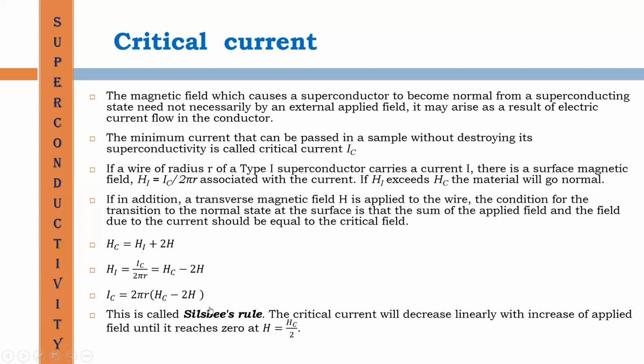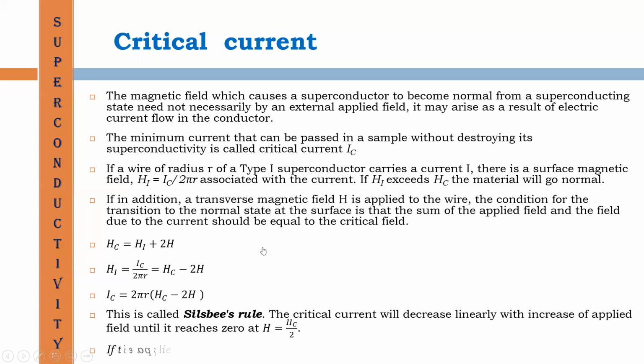Okay. And if the applied field H is 0, what will be the expression for critical current? IC must be equal to 2 pi r into HC. It can be obtained from this quantity. IC is equal to 2 pi r into HI. For the critical quantity, HI must be equal to HC.